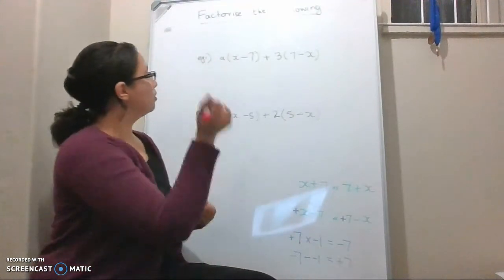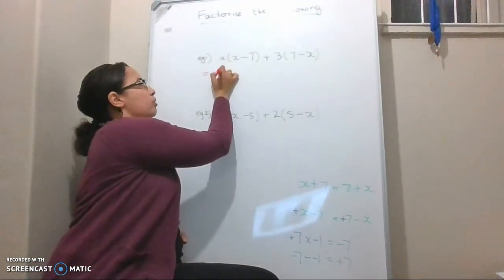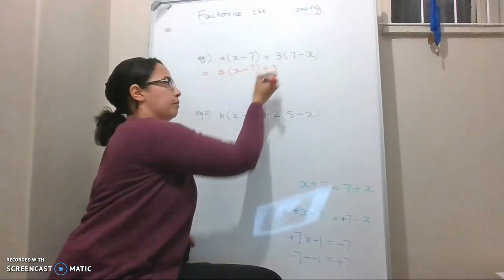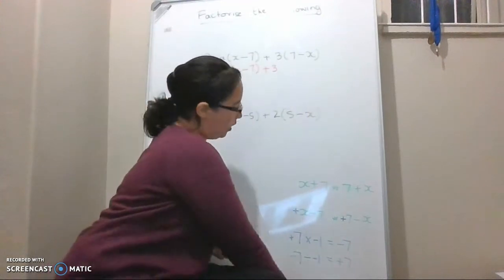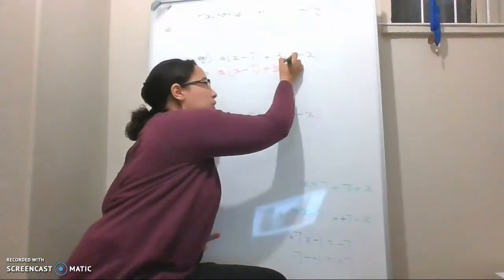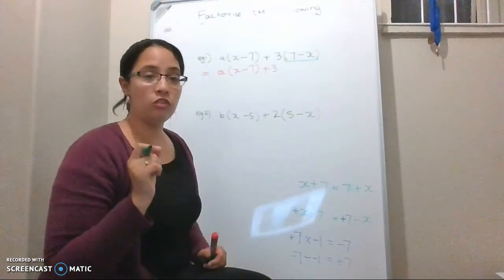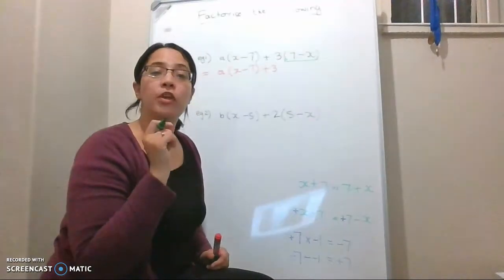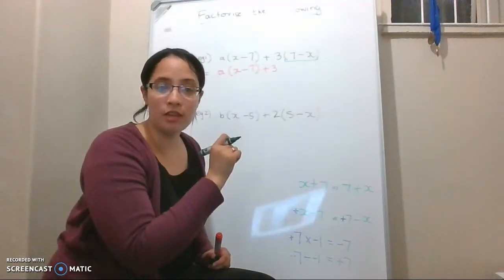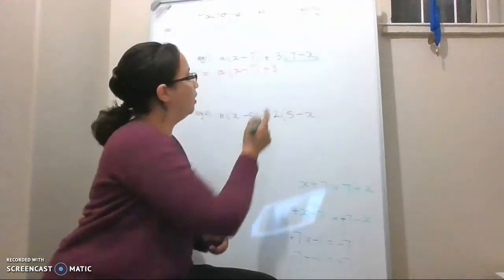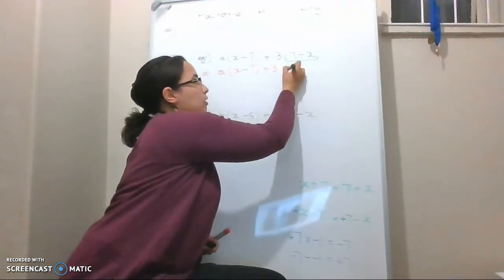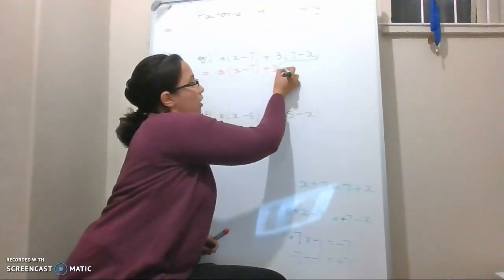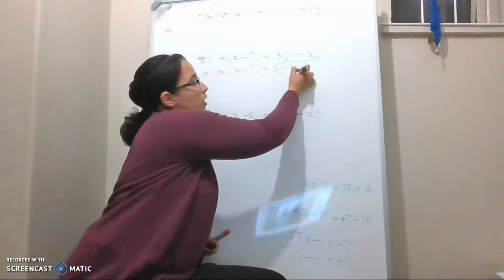So this is a times x minus 7 plus 3. Now look at this, I want to change this. So I'm going to factor out a negative 1. That means I'm going to divide each term in that second bracket by negative 1. Remember this is multiplication, so that stays multiplication with the 3.